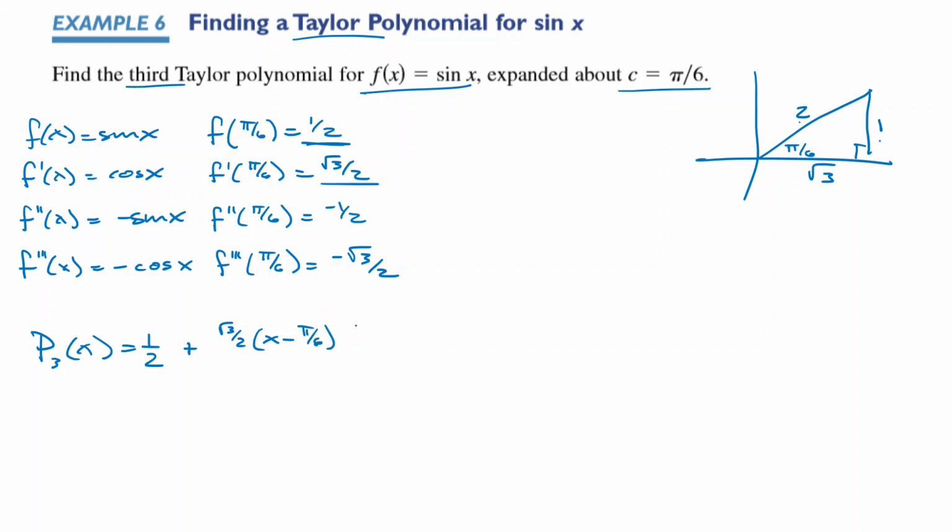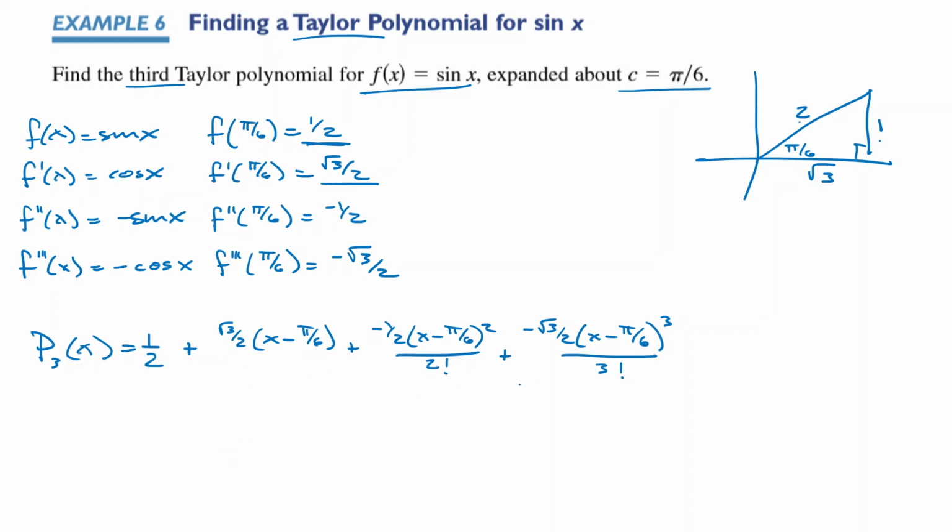So that's this guy, done, plus negative 1/2, x minus pi over 6 squared over 2 factorial, plus this guy, negative square root of 3 over 2, x minus c, which is pi over 6, to the 3rd over 3 factorial. All right, now we can kind of try and clean that up some if we want, or we can just leave it like that.